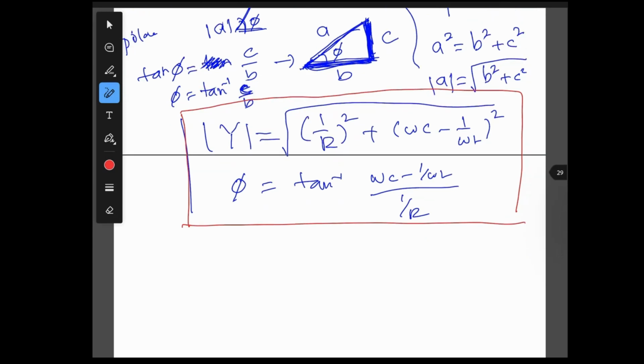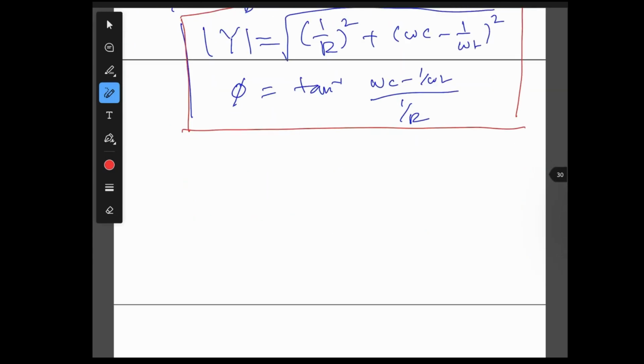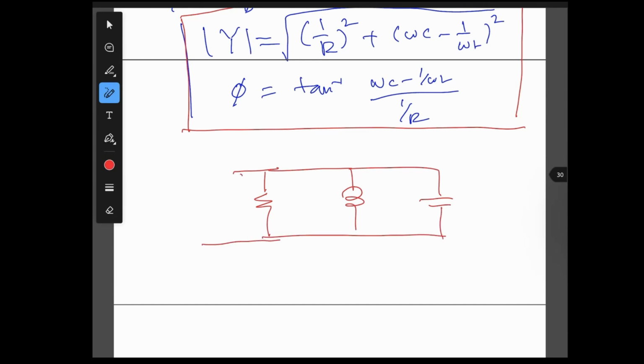So now let's say we have our circuit with R, L, and C and our voltage here. We have current I here. So how to find the current?